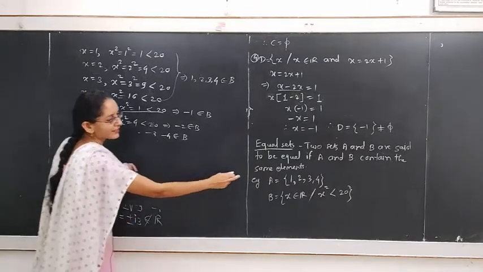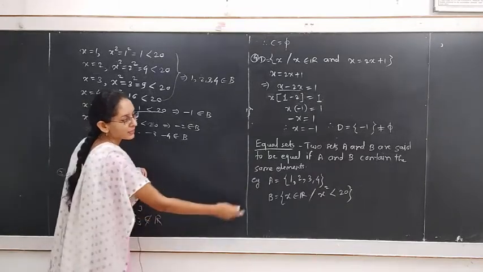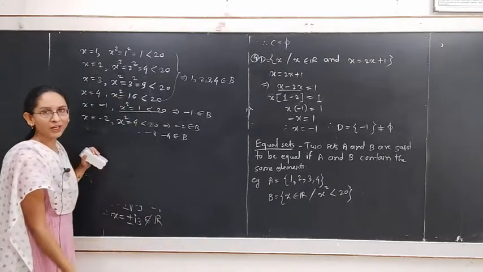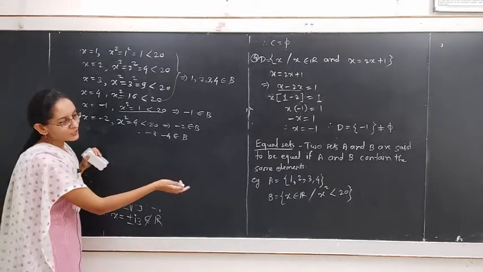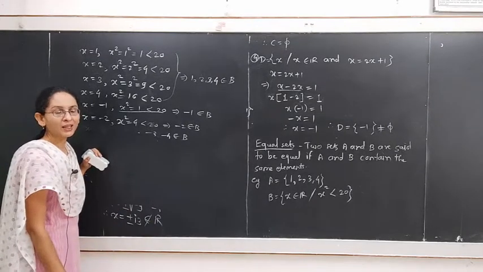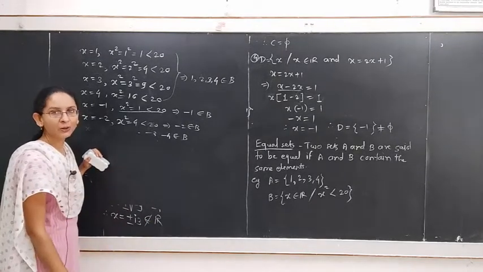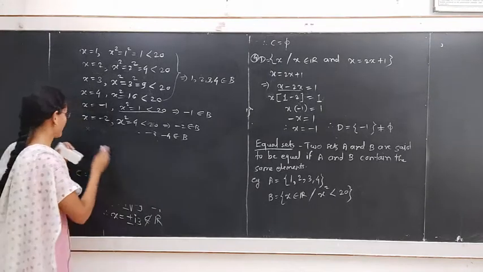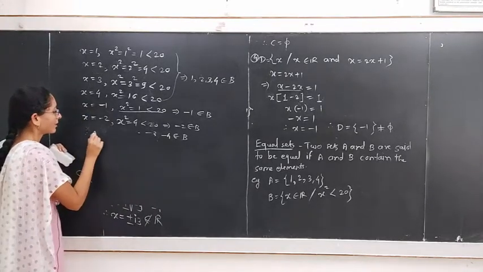Therefore, set A contains 4 elements and set B contains more than 4 elements. All the elements of set B are not the same as the elements of set A. Therefore, these two sets are not equal sets.